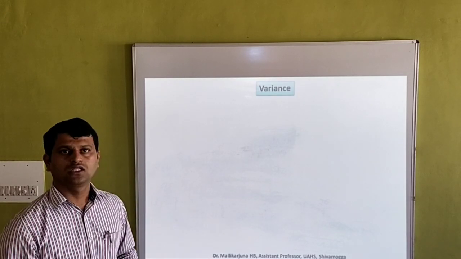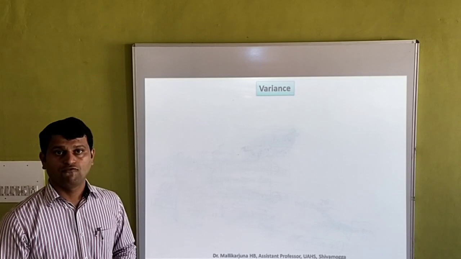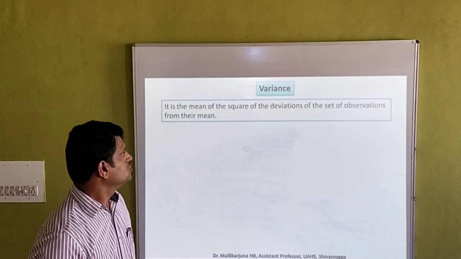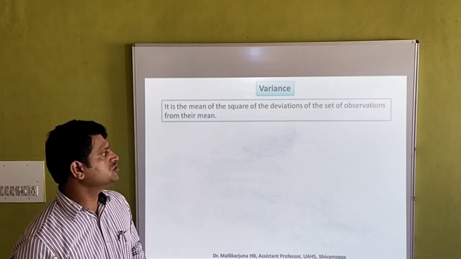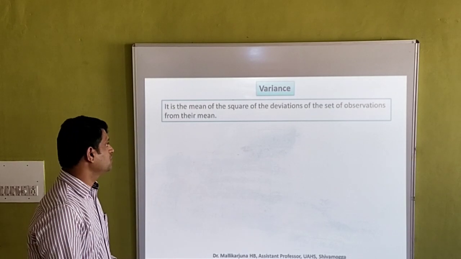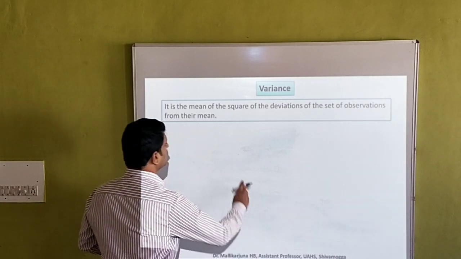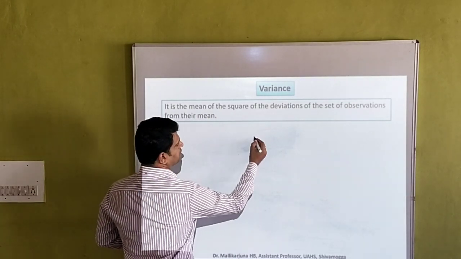Now come to another measure of dispersion, variance. It is the mean of the square of the deviations of the set of observations from their mean.